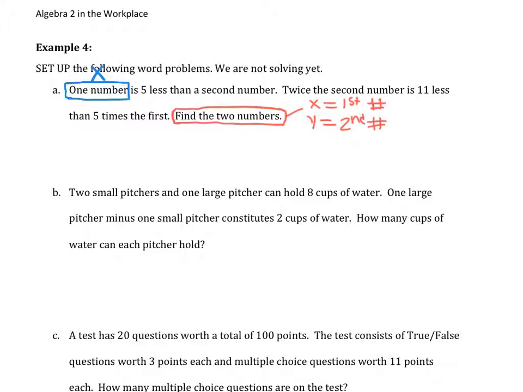X. Is, what does is mean? Equals. And then we have 5 less than a second number. So this is the less than thing, which remember is backwards from what you think. So what variable is representing our second number? Y. So it'd be y minus 5. There's your first equation.